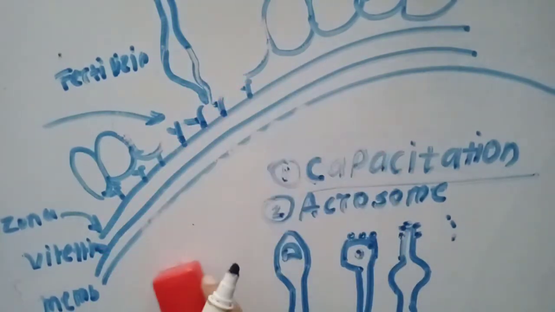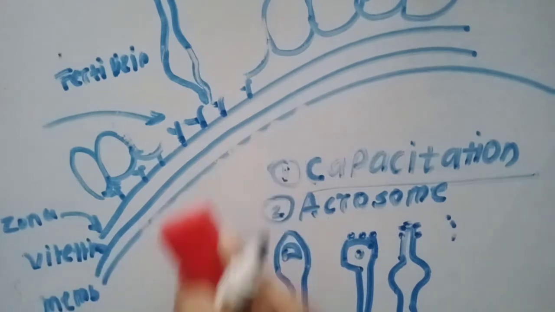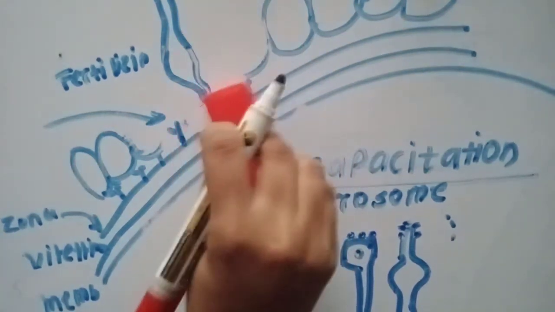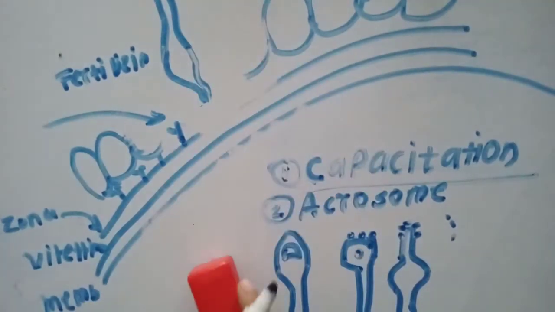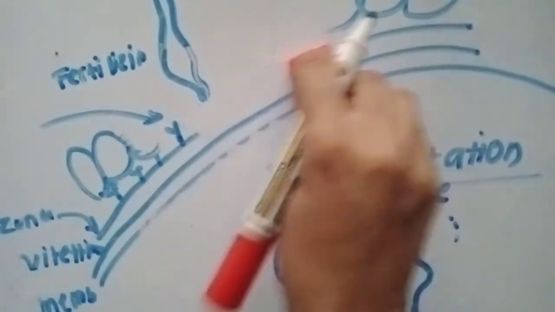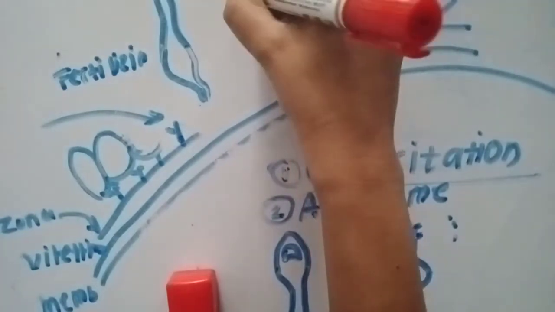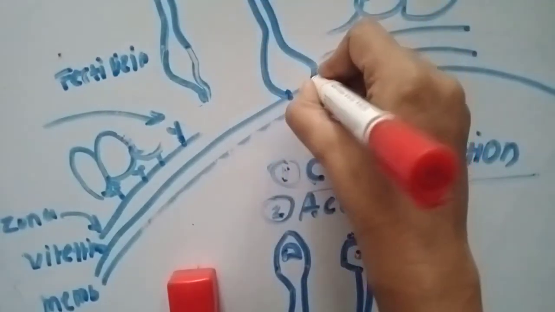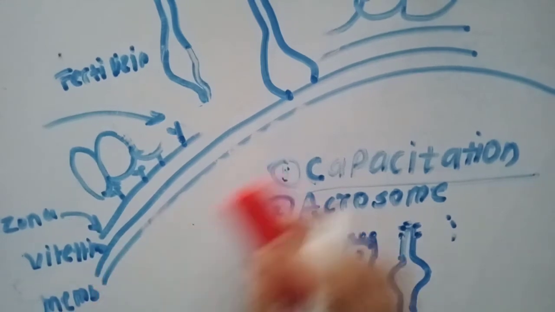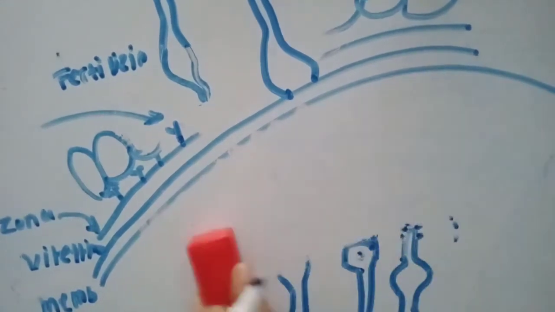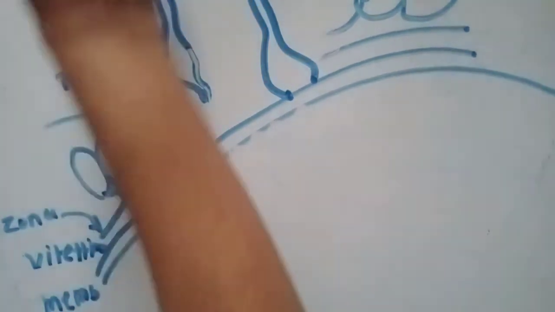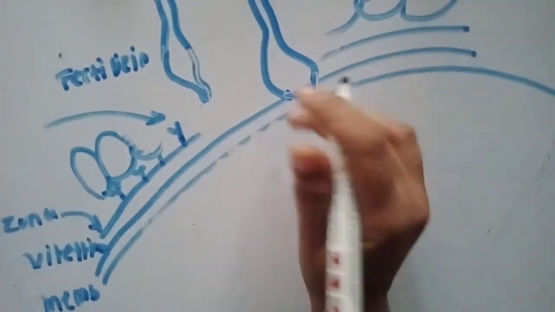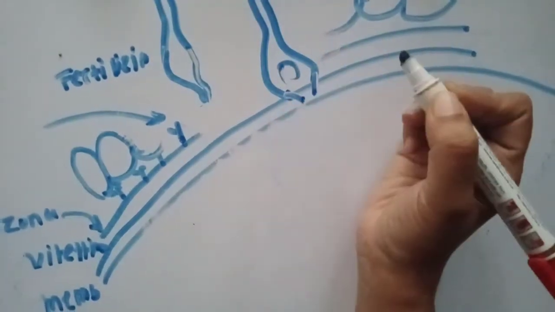Now when it binds with this, it contains an enzyme called acrosine. So it also digests the zona pellucida, and it comes forward like this, and finally it touches the egg membrane, and it contains a nucleus.